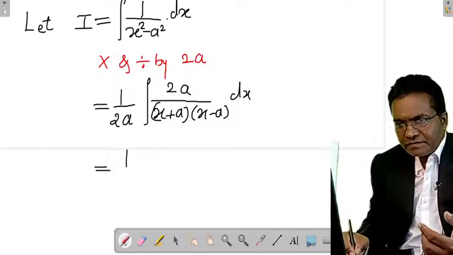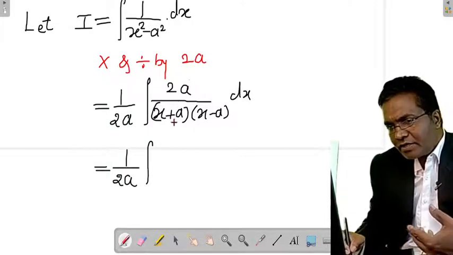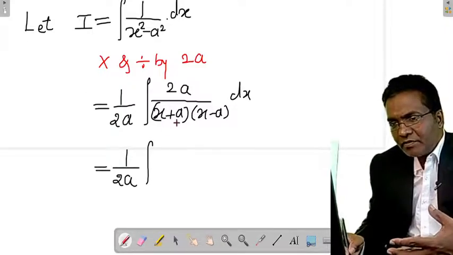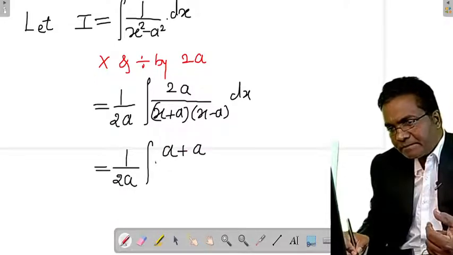Further, keep in mind, in the numerator I have to convert to terms of the form x plus a and x minus a. So 2a can be kept as a plus a.